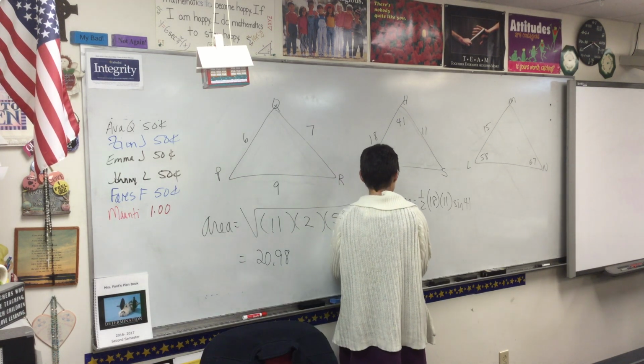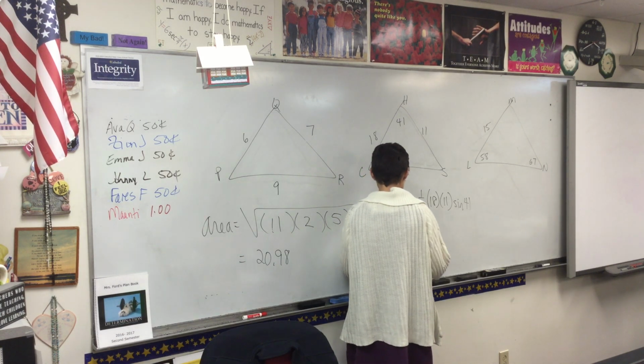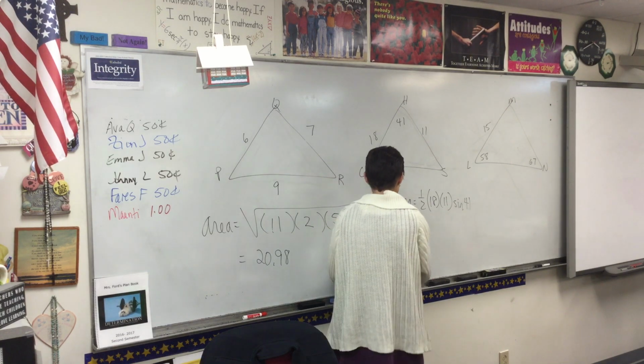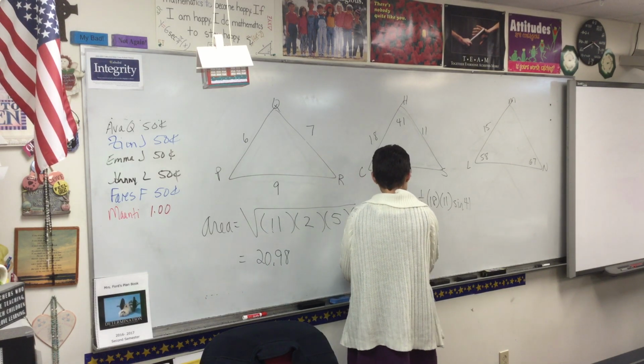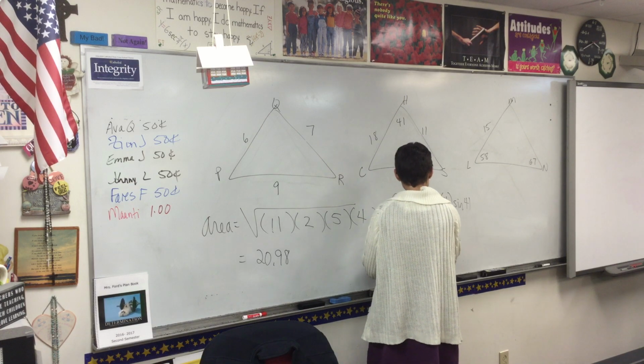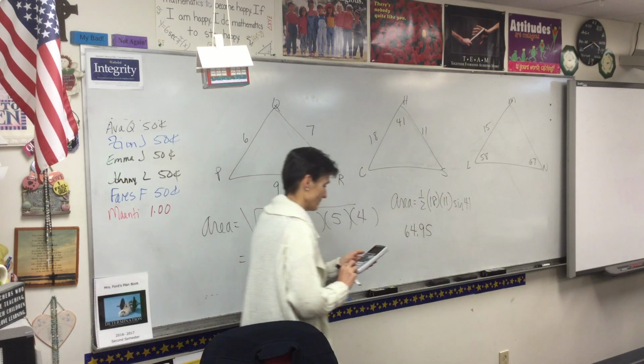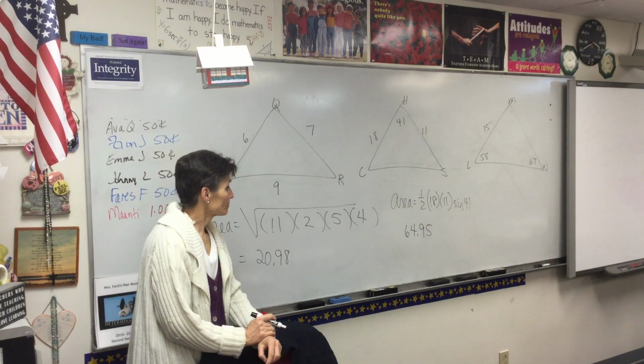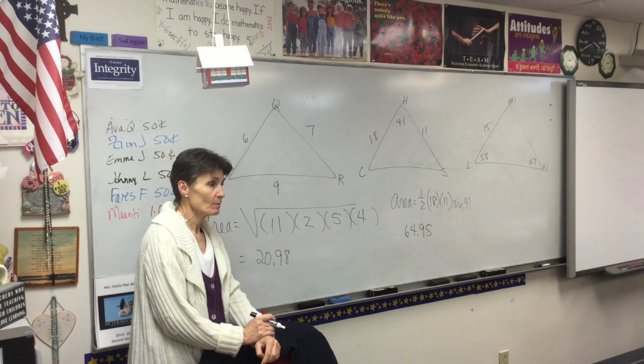Ooh, I got a big number. I got 649. Oh, wait a minute, 64.4. Yeah, I multiplied by 5 instead of 0.5. So that's 64.95. Is that okay with everybody?